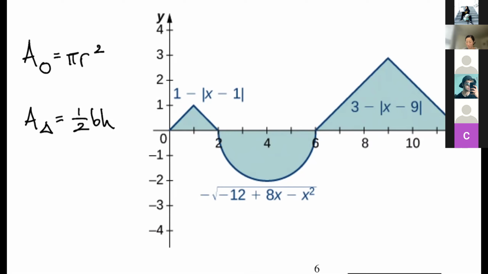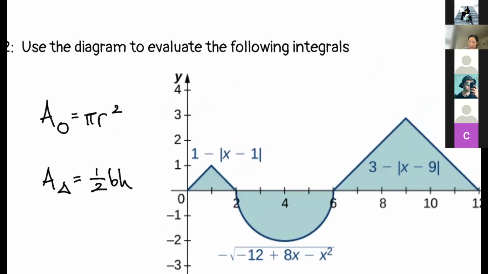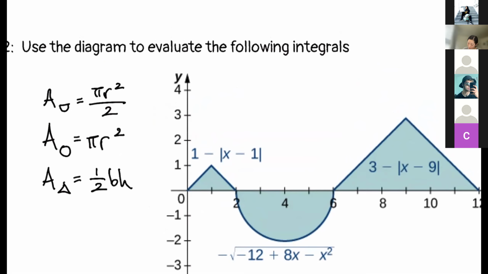Don't make that mistake. But I noticed that I don't have a whole circle here. So how might I write it for only half a circle? Divide by 2, good. So it's not that it's a different formula, but we're learning a different way to write it so that it's more useful in this particular question, okay?